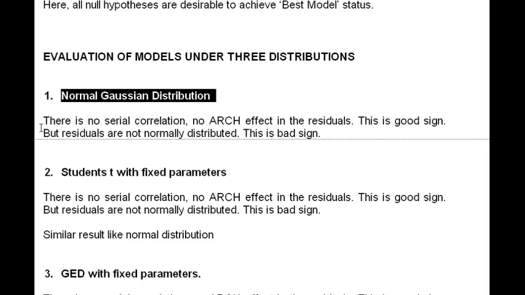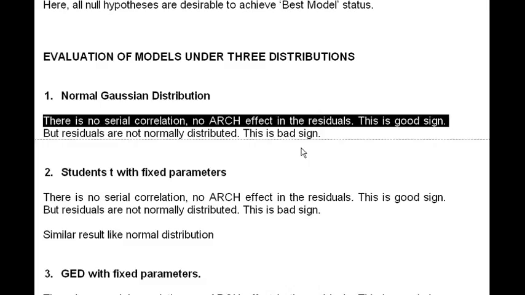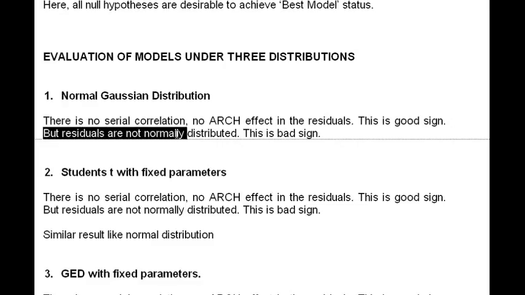There is no serial correlation, no ARCH effect in the residual. So this is a good sign. But the problem is that residuals are not normally distributed. So this one is a bad sign, right?